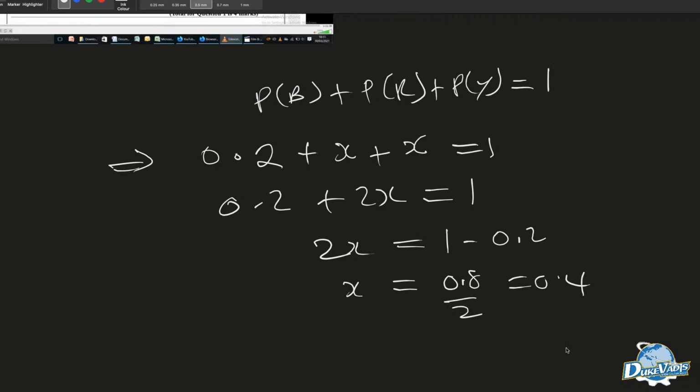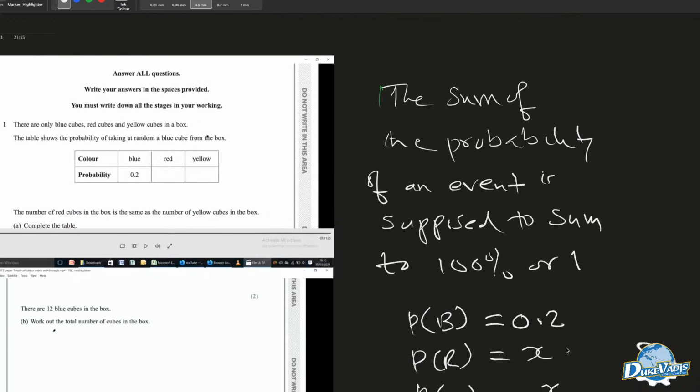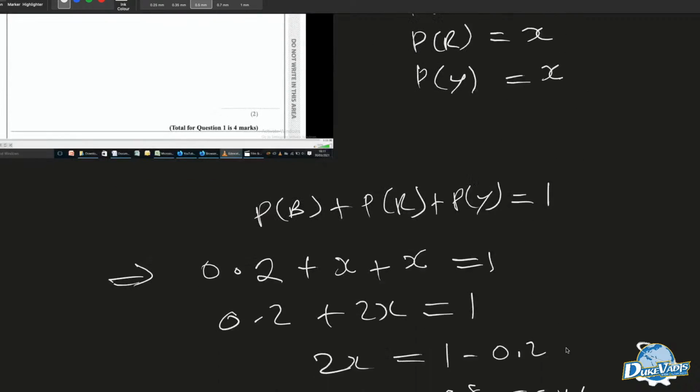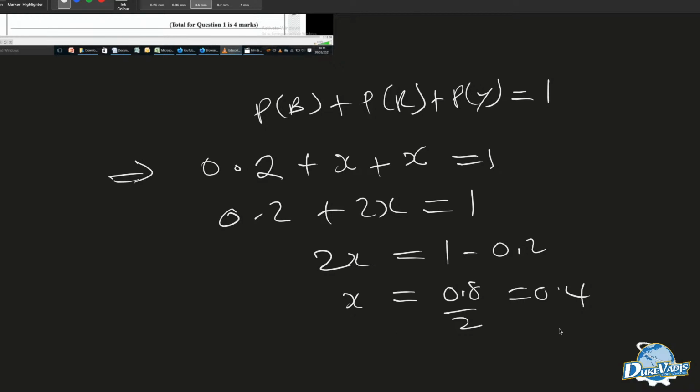So the probability of selecting red is 0.4, and that of selecting yellow is also 0.4.